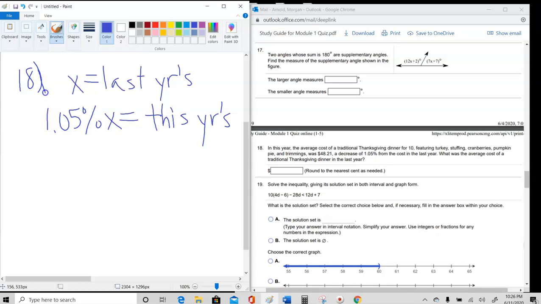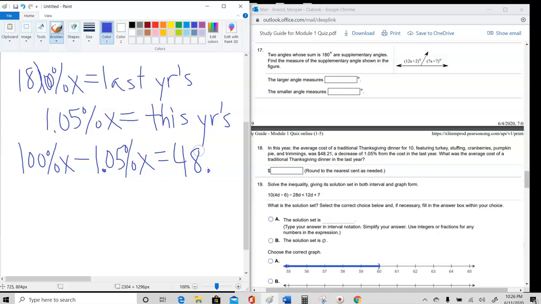So for last year, that's 100% x. Now, the keyword decreased means subtraction. So we have 100% x, last year's, minus 1.05% x, this year's. And that's equal to this year's cost, $48.21.